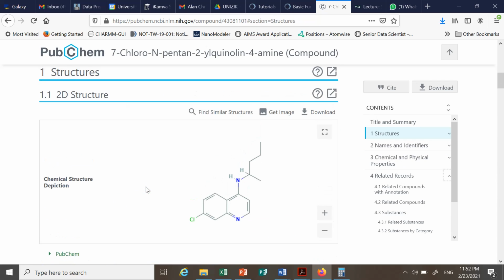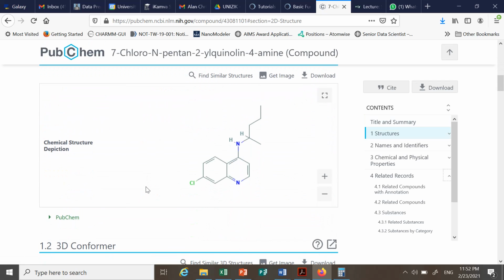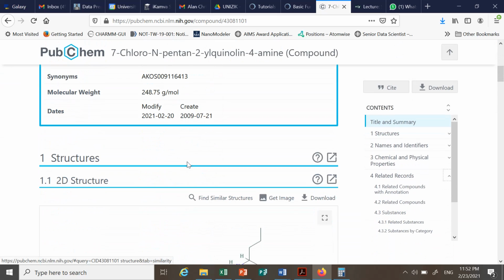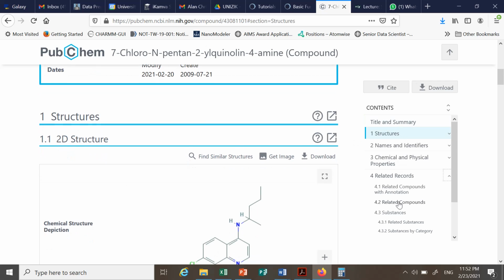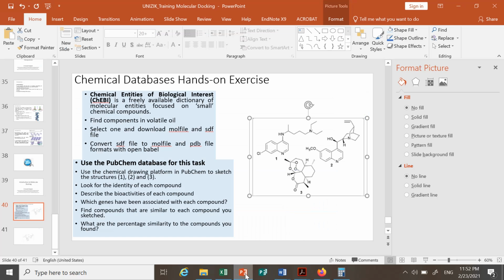I want you, in your case, to maybe complete that drawing and get more information. You will have more information specifically towards bioactivity and the rest of it for your compound. So please take time to engage with that. I think there are three compounds that I want you to draw.